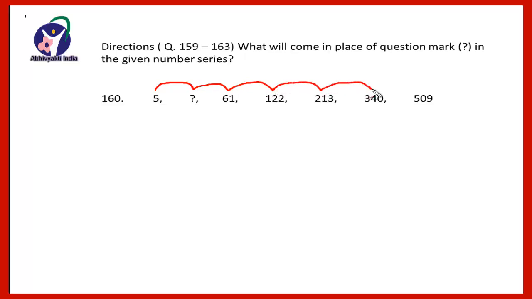213, 340 and 509. If you observe this series, you will see that it is 8 cube minus 3, and 8 cube minus 3, that is 512 minus 3, that is 509.